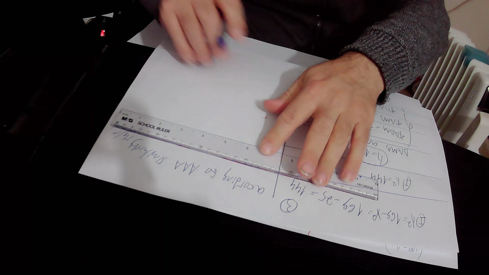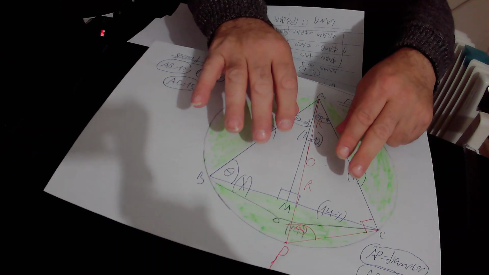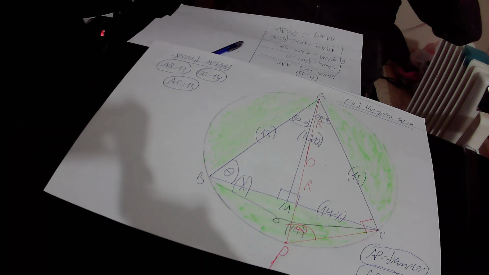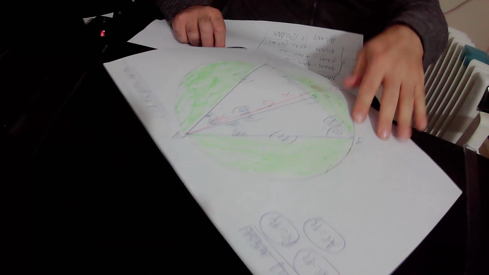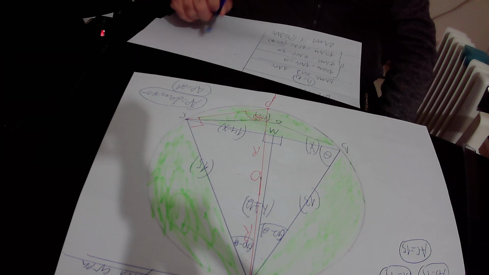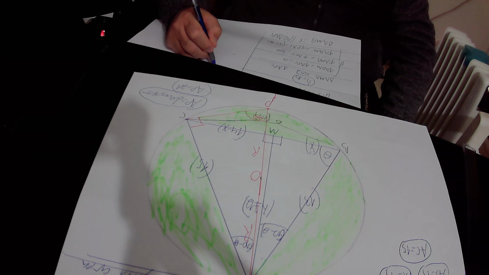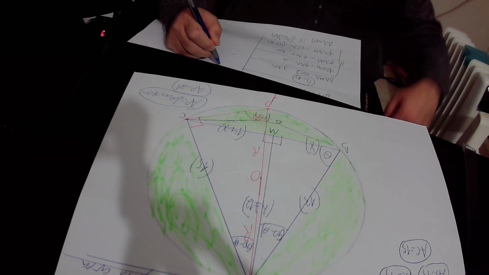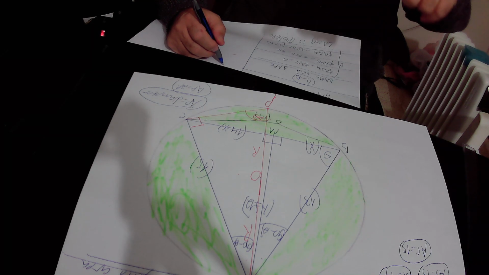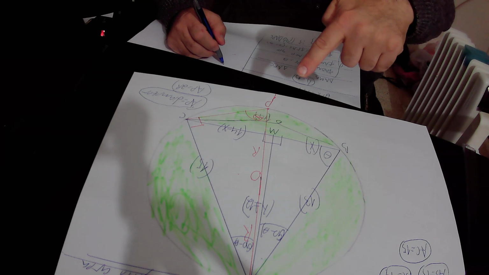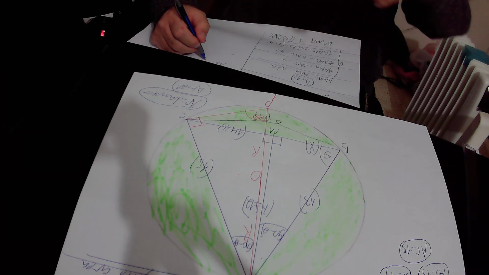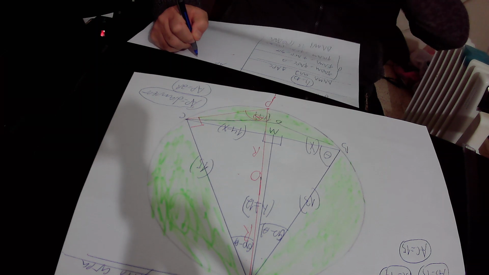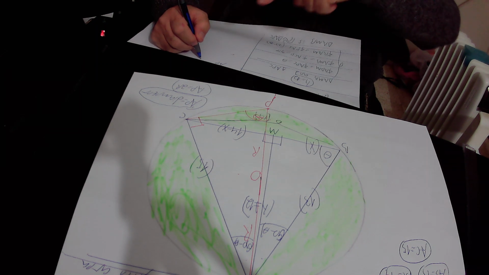And from the fact that those two right triangles are similar to each other, we derive that the following relationship exists between their sides. We will derive that AB in triangle AMB over AP in triangle APC is equal to AM in triangle AMB over AC in triangle APC.